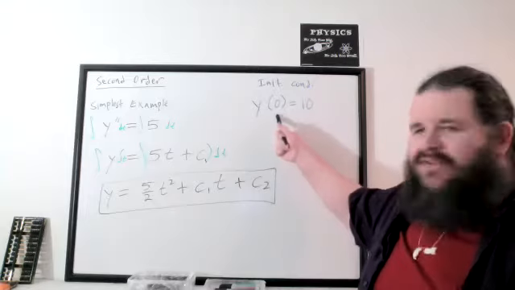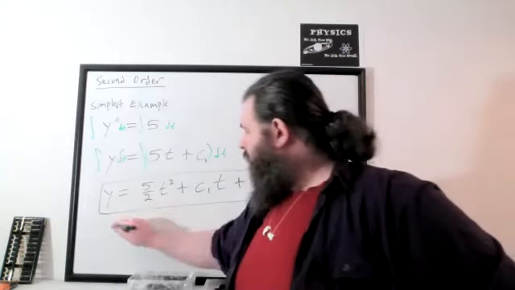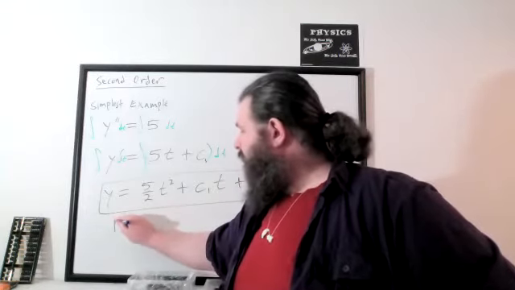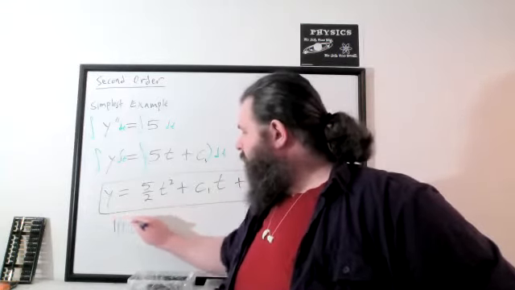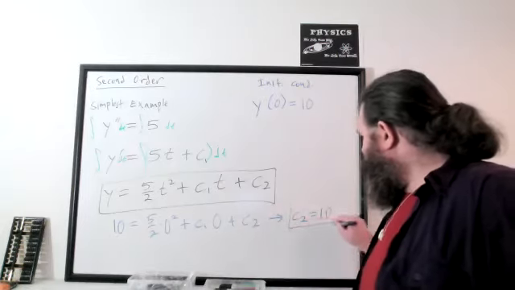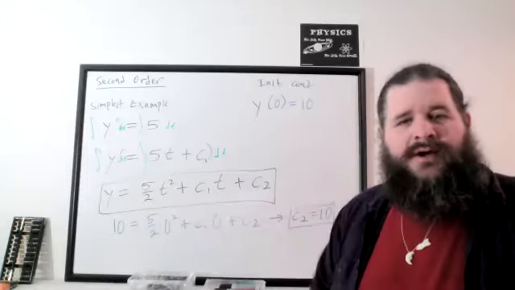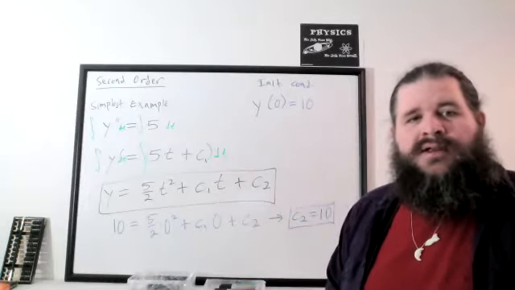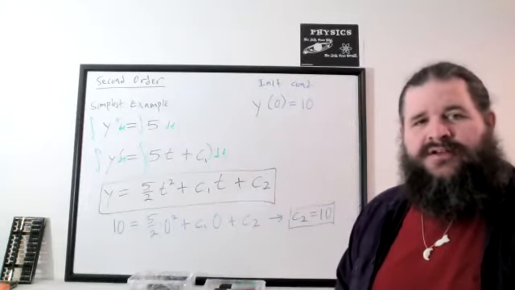So if we plug in 10 for y and 0 for t, what does that tell us? Then C2 would equal 10. But note that that's not enough information because we still don't know C1. So we're going to need one more piece of information for the initial conditions.